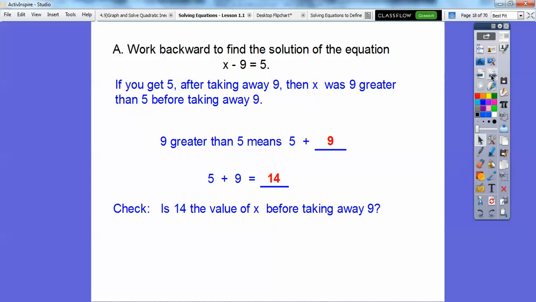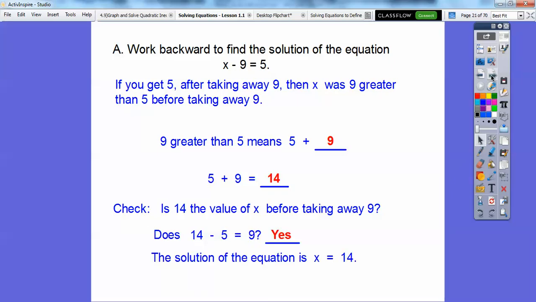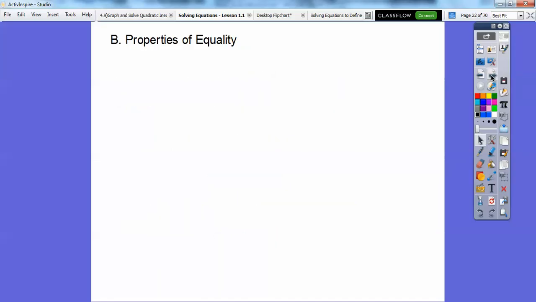Well, that's easy enough. To check your answer, is 14 the value of x before we take 9 away? So is 14 minus 9 equal to 5? Yes, that equals 5. So the solution of the equation is 14.